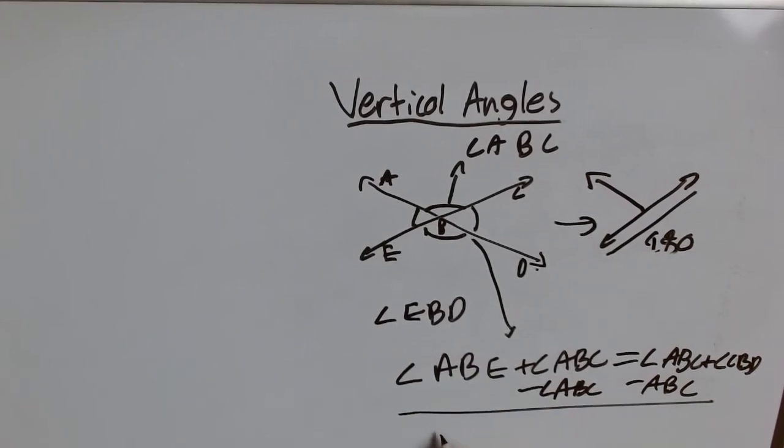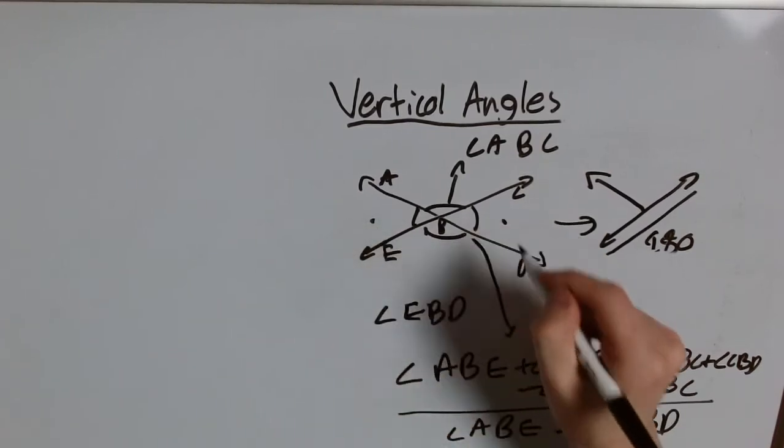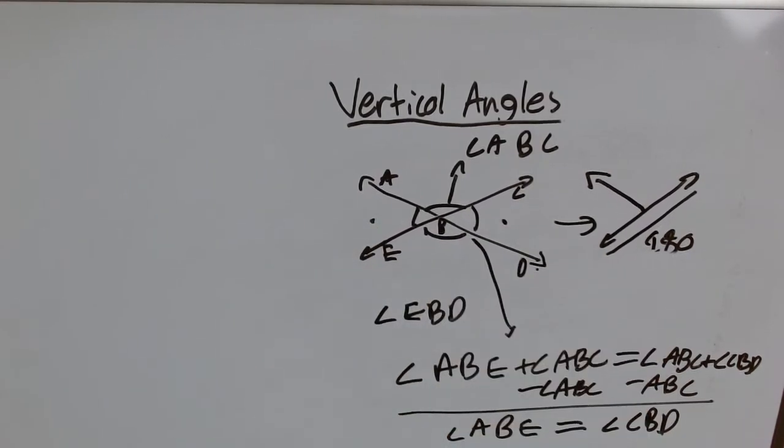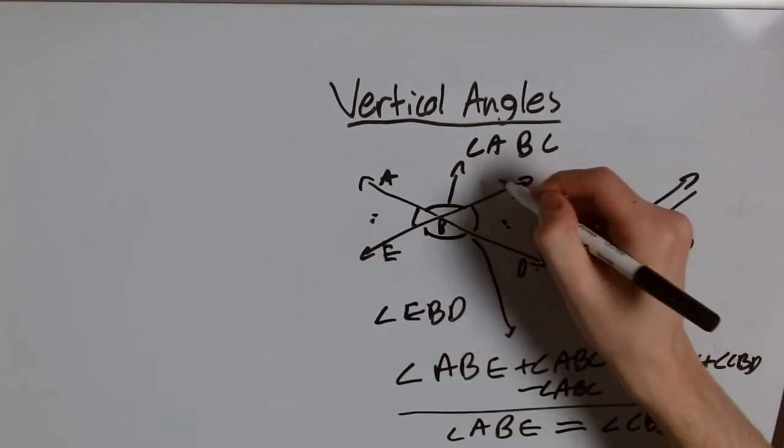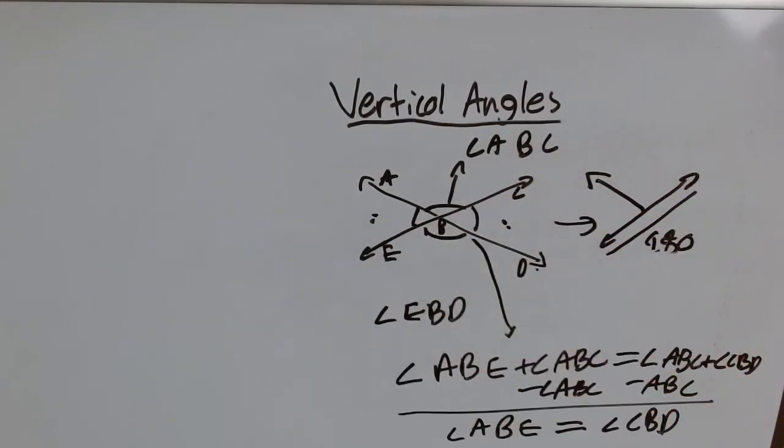I'll actually find that angle ABE is equal to angle CBD, that two opposite angles are equal to each other. Well, I've just proved the entire formula. If this holds true, that opposite angles are equal, well then ABC has to be equal to EBD.